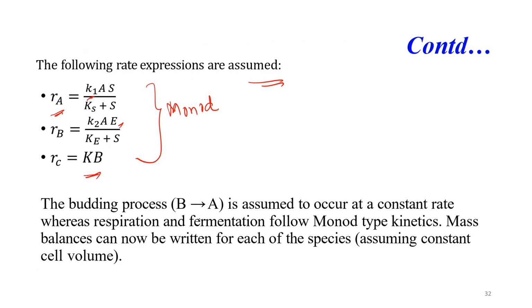So, the budding process B to A is assumed to occur at a constant rate, where respiration and fermentation follow the Monod type kinetics. Now, we can write the mass balance for each of the species assuming a constant cell volume.